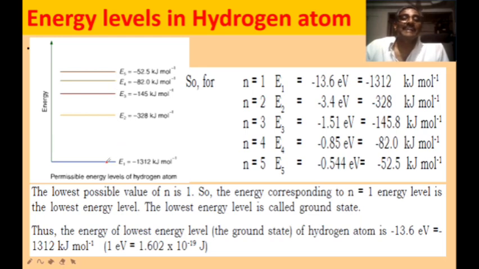That is, the energy difference goes on decreasing as we move from the first orbit to the nth orbit. There is a high difference between 1 and 2, a small difference between 2 and 3, a still smaller difference between 3 and 4, and a still smaller difference between 4 and 5.